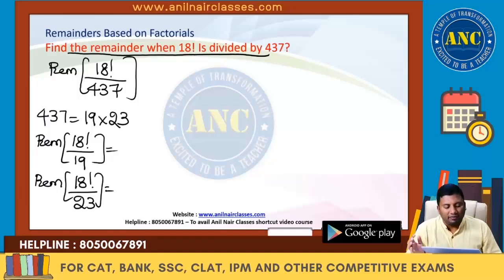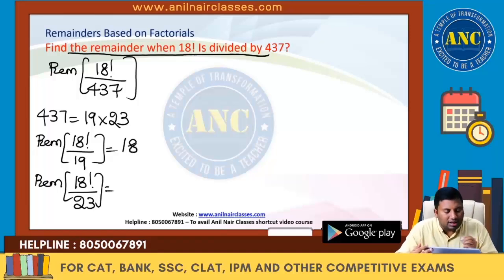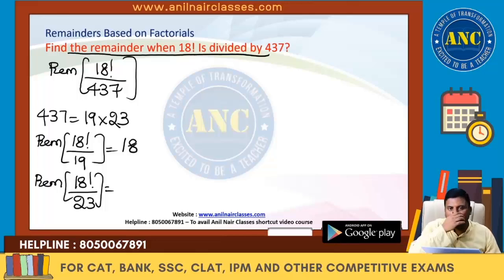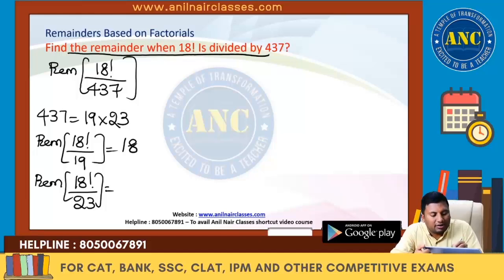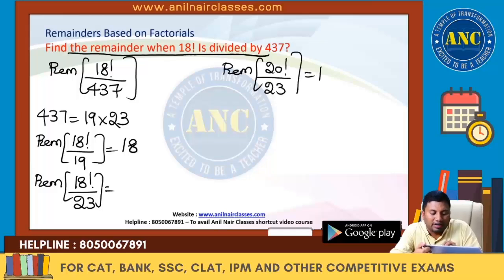So 18 factorial divided by 19 is nothing but 18, (P minus 1) factorial when divided by P. Now 18 factorial divided by 23. 20 factorial divided by 23 is nothing but 11. Why?